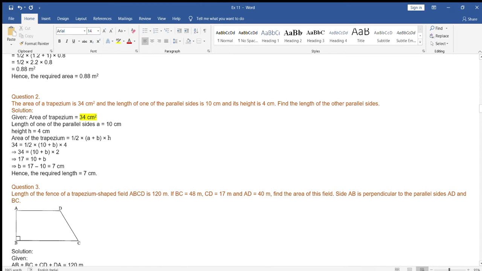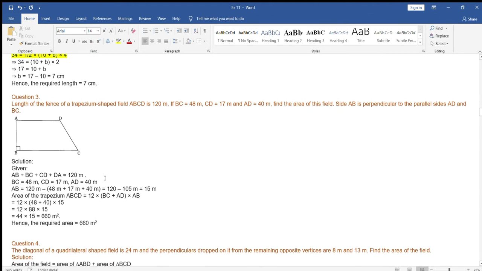We have the height and one of the sides, and when we put the values in the formula, we get an equation. From this equation, we can find the value of b, that is the required length of the other parallel side.